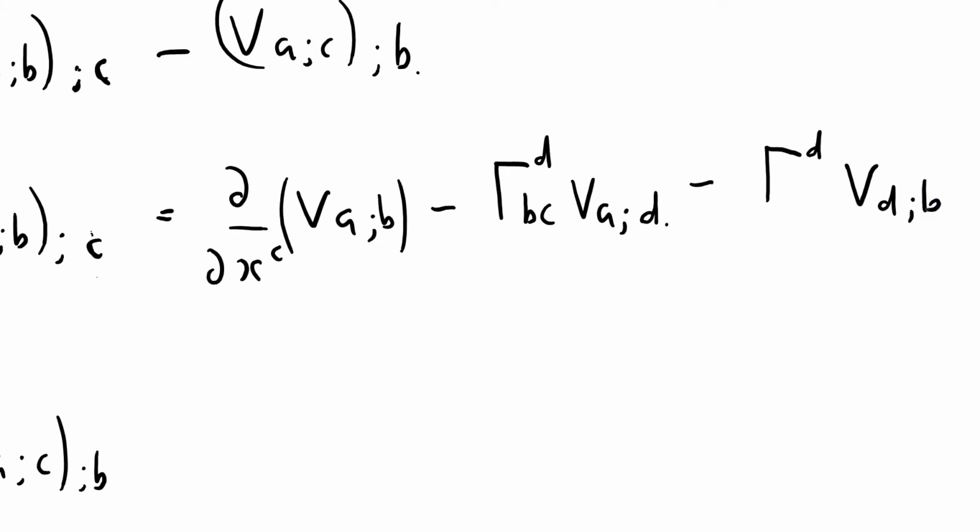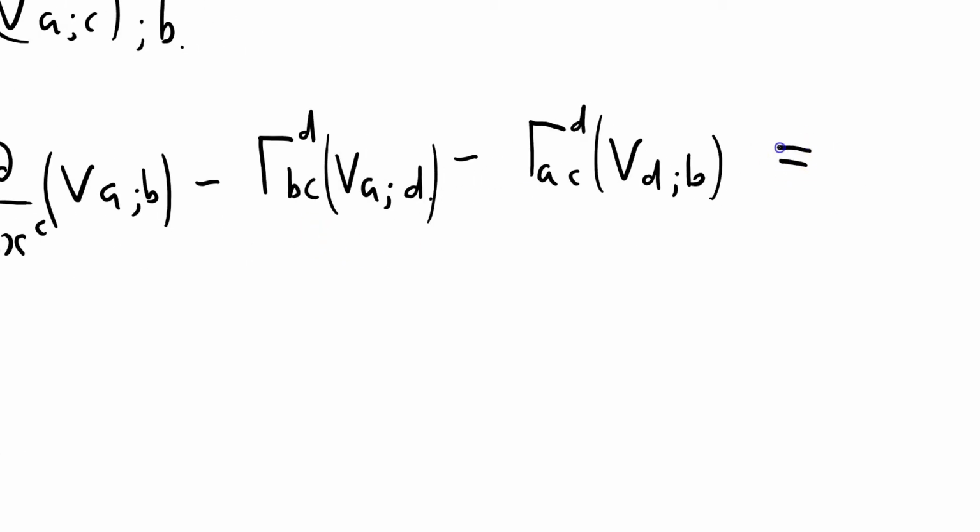What have I got left? I've got an A left, I've got D, I've got A, B, and I should have a C. There it is. Okay, so that's that.